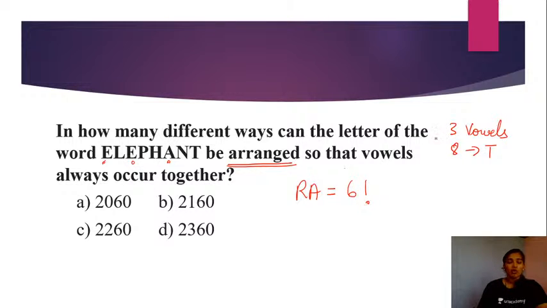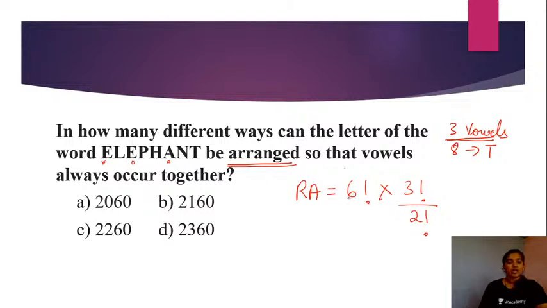Okay, now how would we arrange these 3 vowels, right? In these 3 vowels you have the letter E repeated. These 3 vowels will be arranged in 3 factorial ways since the letter E is repeated 2 times. So the arrangement would be 3 factorial divided by 2 factorial here.